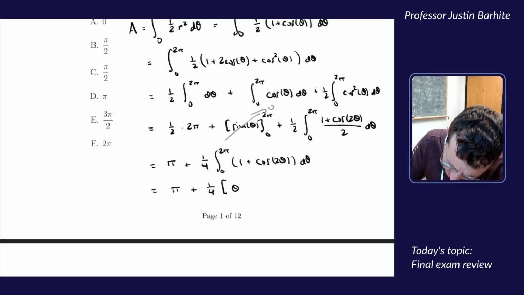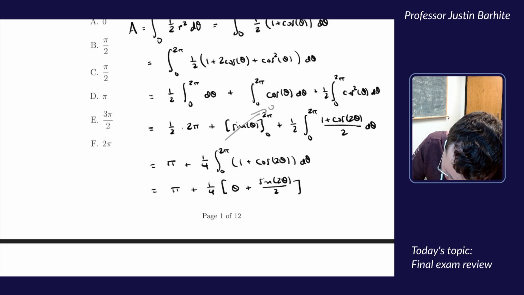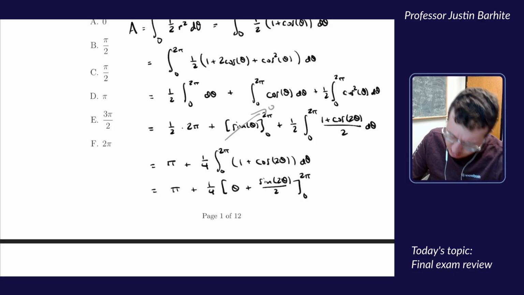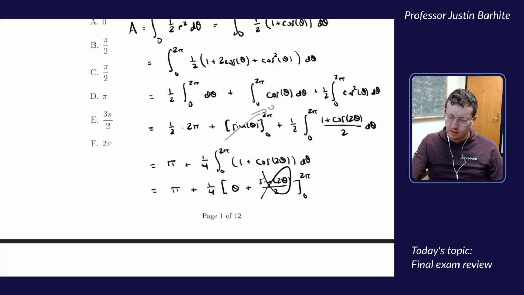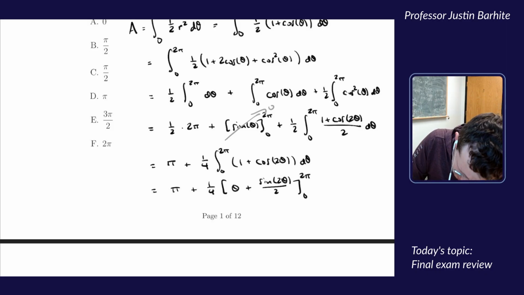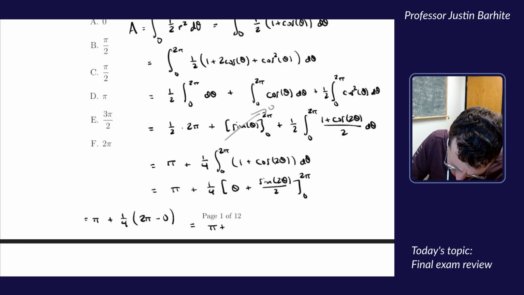And my antiderivative is going to be theta plus 1/2 times the sine of 2 theta. Once again, when I plug in the 0 and the 2 pi, I'm going to get 0 from that sine term. So all that's left is pi plus 1/4 times 2 pi minus 0. That is pi plus pi over 2, which is 3 pi over 2.